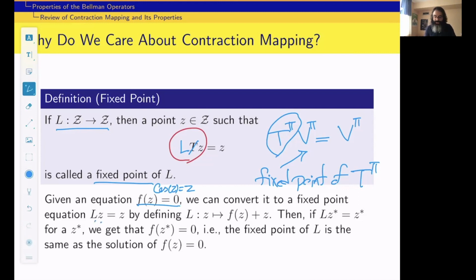So L(z) equals z, if we define L as a mapping that takes z and returns f(z) plus z. Then if you find a z' that satisfies this fixed point equation, we also get f(z') equal to 0. So the fixed point of L is the same as the solution of f. That's why sometimes, not always, we can take an equation, convert it to an operator, and then try to find the fixed point of that operator. Of course, the question is how we can do it.